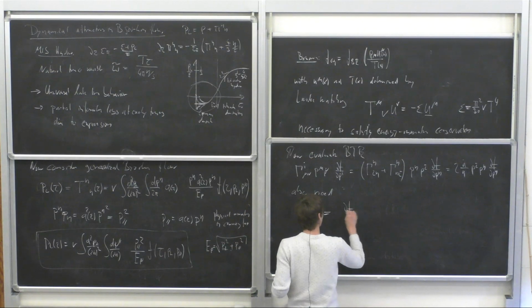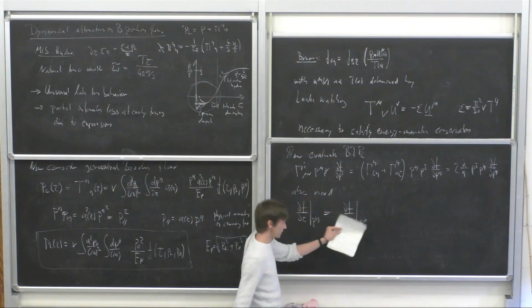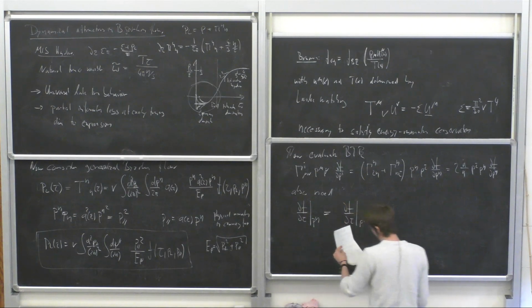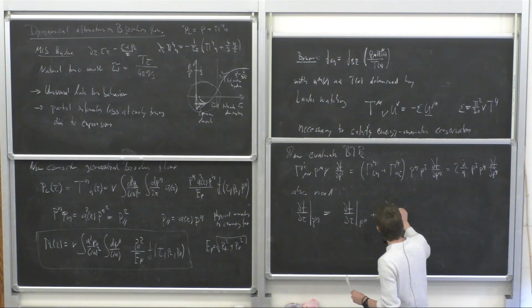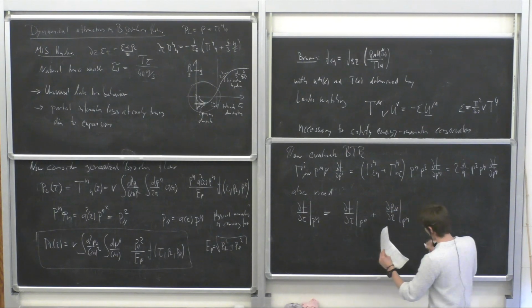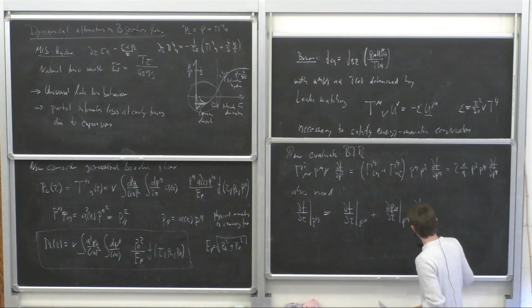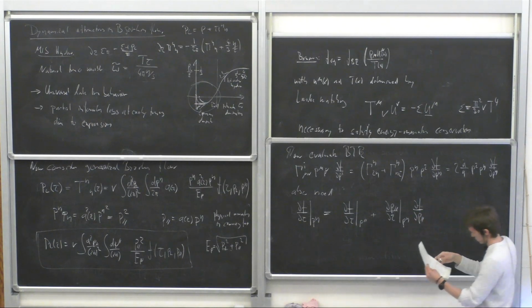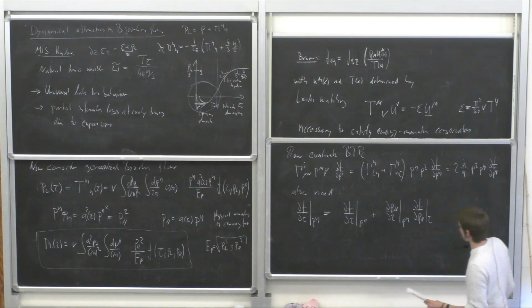So you can work this out. This is a derivative at constant p longitudinal, but then you get one extra term, which is the change of p longitudinal with respect to tau at constant p eta, plus the derivative of f with respect to p longitudinal at constant time.